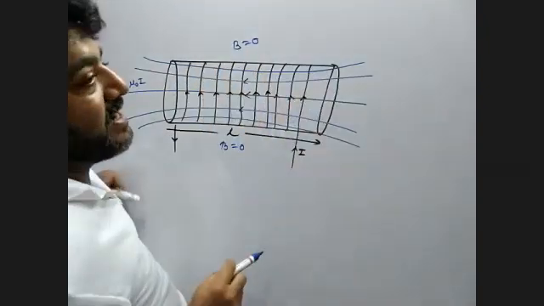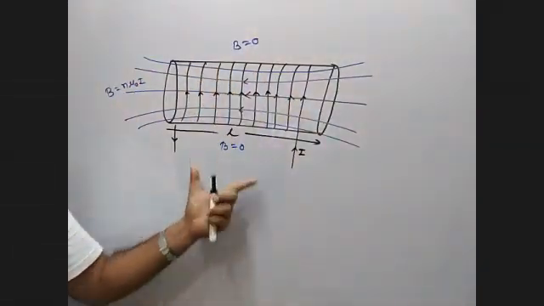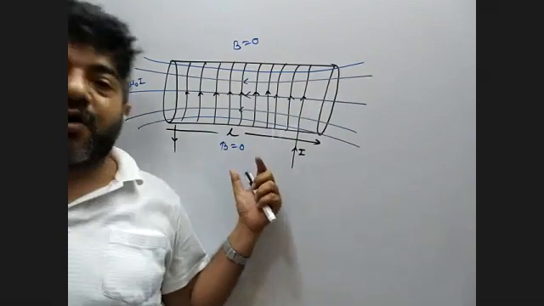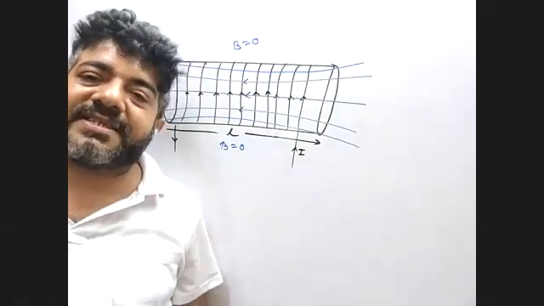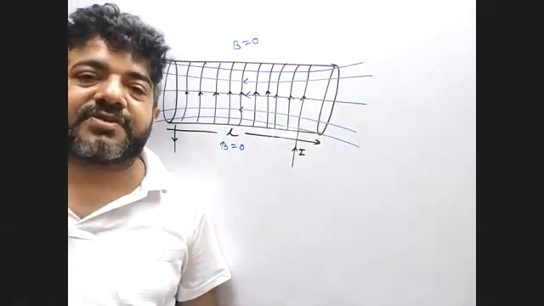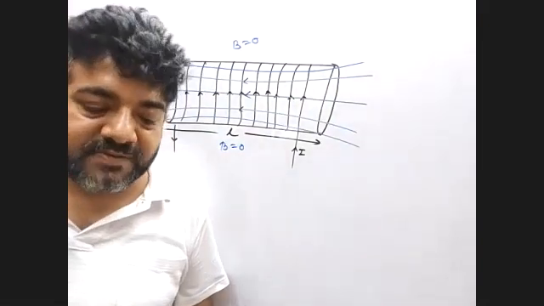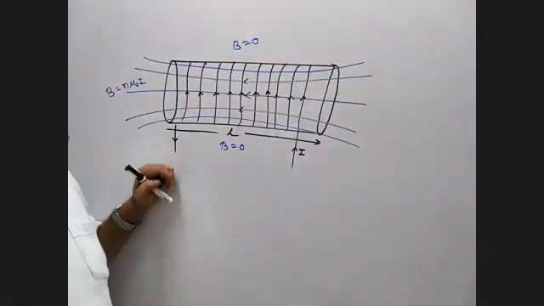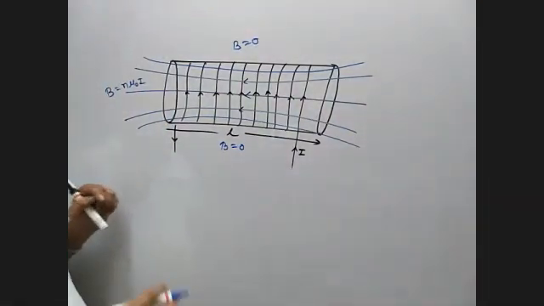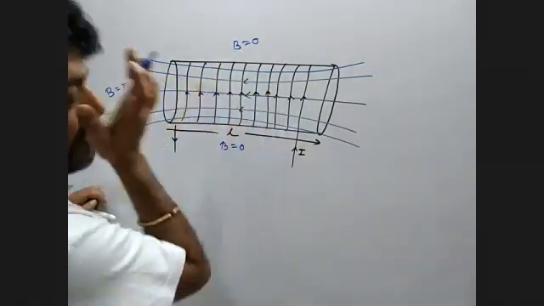As they meet at a very large distance, basically outside the solenoid the concentration of magnetic field lines is very less. It becomes so less that we can suppose it 0.